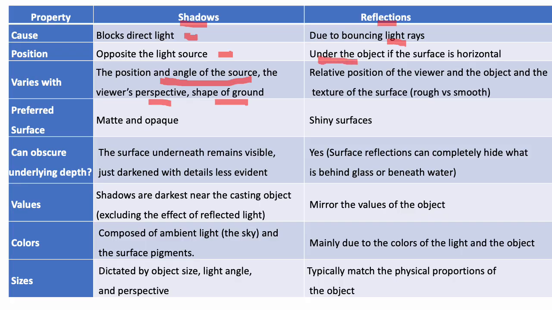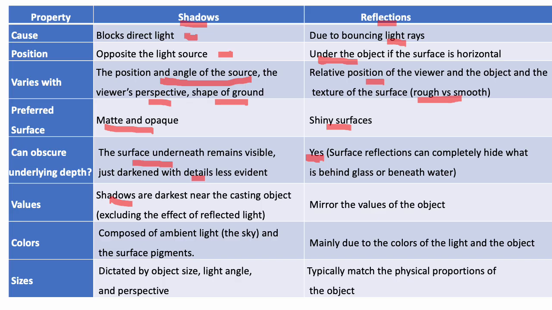So it varies with the position of the viewer and the object, as well as whether the surface is rough or smooth. Surfaces preferred: shadows like matte or opaque surfaces, reflections like shiny surfaces. Shadows, the surface underneath is visible, but it's darkened with less detail evident, whereas reflections do obscure the surface.